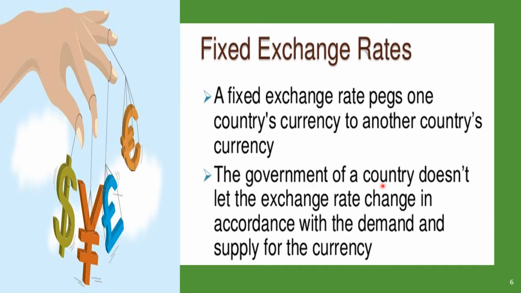The government of a country doesn't let the exchange rate change in accordance with the demand and supply for the currency. So in this case, the government fixes the value of the rupee vis-a-vis other currencies of the world. For example, the Indian government may fix the value of $1 as equal to 70 rupees.